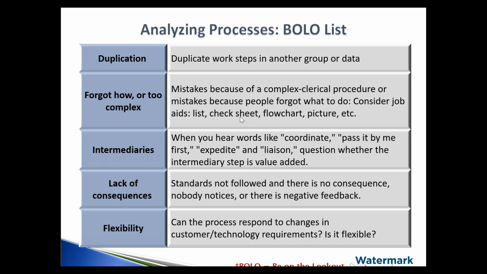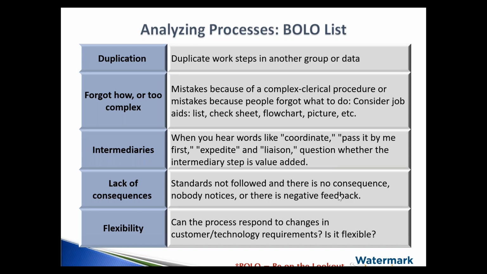So maybe we have to do list or checklist or flowcharts or something. Anytime you hear the word coordinate or pass it by me first, or let me look at it, let me review it, expedite it, you know, oh, we got to expedite that shipment. Oh, that means that you're not following the process. It means that you probably added stuff that doesn't add value.